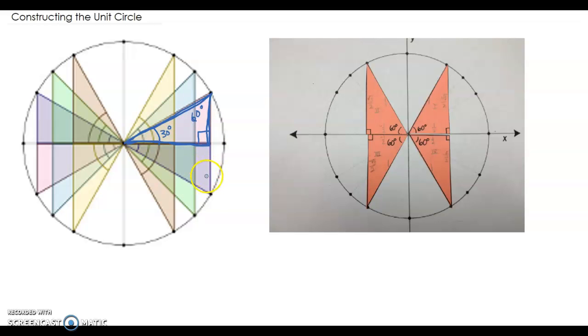And based on what we decided in the previous tab, we knew that if we have a hypotenuse of 1, which is always going to be the case in your unit circle, that's what makes it the unit circle, is that our radius, or when we're drawing triangles, our hypotenuse, is always equal to 1.